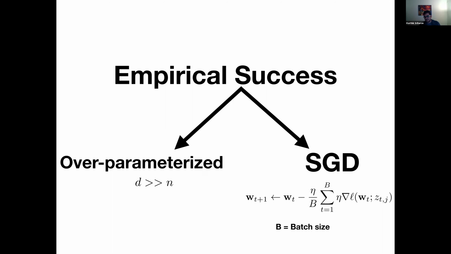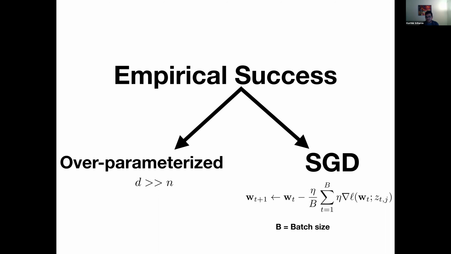And SGD is just the simple algorithm, which most of you would have seen. Basically, the idea is that you are training a model where the parameters are written down as a vector, W sub t, and the next iterate, the weight vector that you're going to give, is going to be the current weight vector minus eta times the gradient.